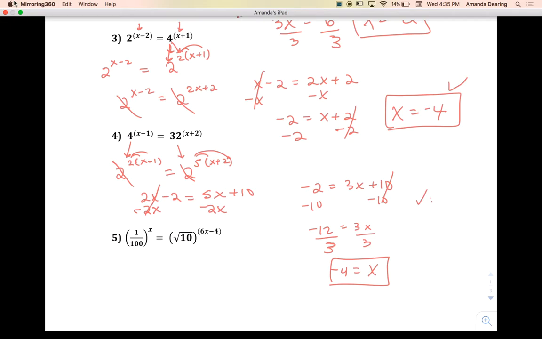Okay, quick check. Negative 4 minus 1 is negative 5. Negative 4 plus 2 is negative 2. Is 1 over 4 to the 5th the same thing as 1 over 32 squared? I do not have that memorized off the top of my head, so I'm going to do 4 to the 5th on my calculator real quick.